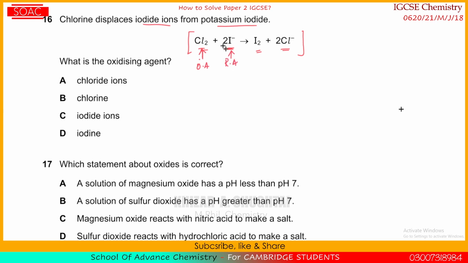Ions of the halogens, I mean Cl negative ion, Br negative ion, I negative ion, are said to be reducing agents. And this is the oxidized form, and this one is the reduced form.